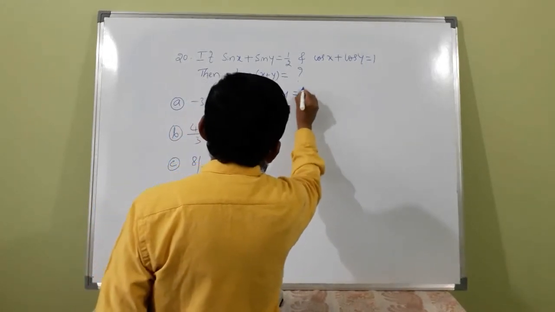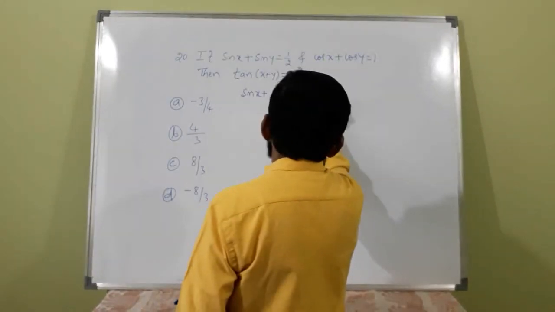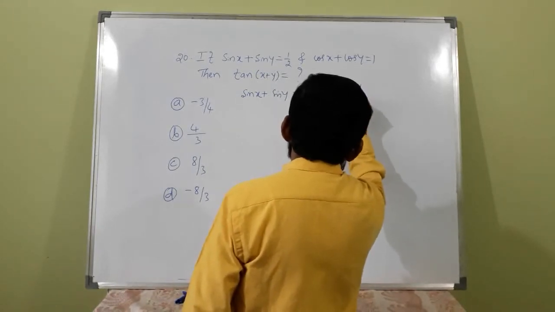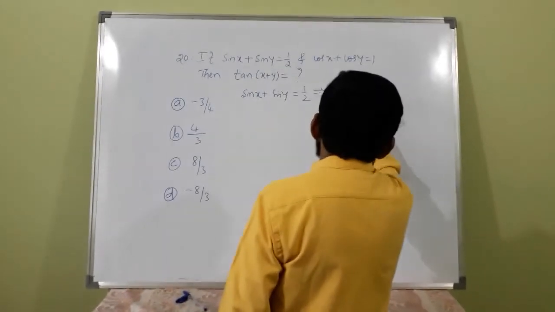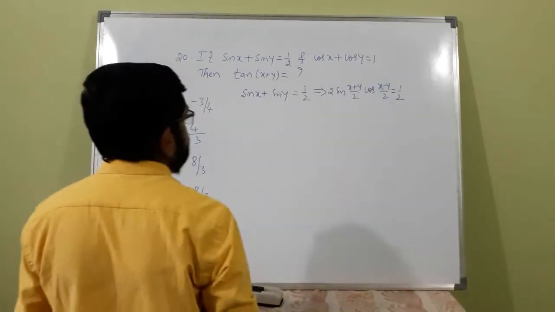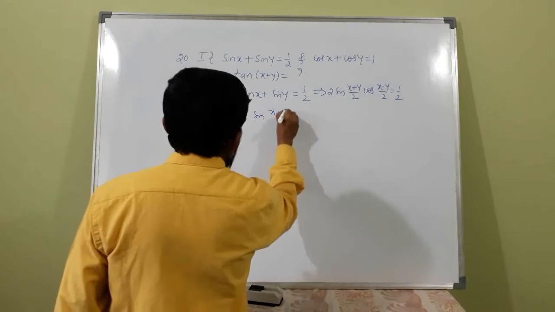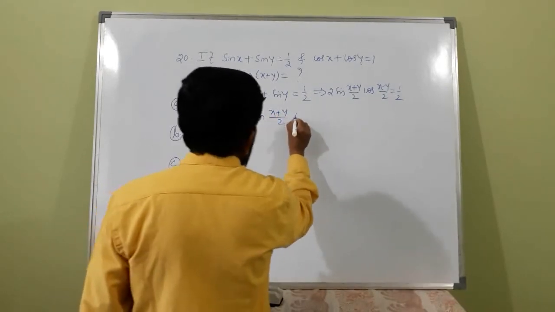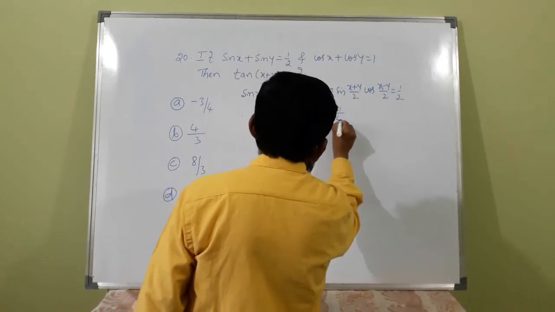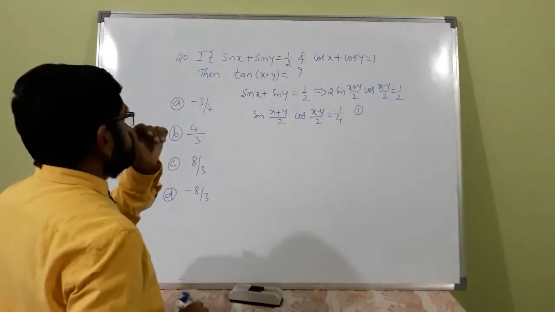Sin x plus sin y is equal to half implies 2 sin((x plus y)/2) cos((x minus y)/2) is equal to half. That is, sin((x plus y)/2) into cos((x minus y)/2) is equal to 1 by 4. This is the result due to the first expression.